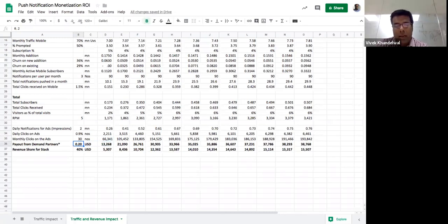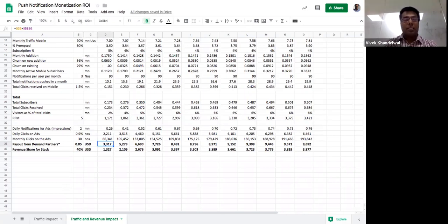Now again, you might not have all traffic coming in from the US, because of which this specific CPC rate would be far lower as well. So even if we reduce this to, let's say, 5 cents, right? Even at that level, you would end up generating a total ad revenue of $3,000 per month, and this eventually starts compounding significantly.